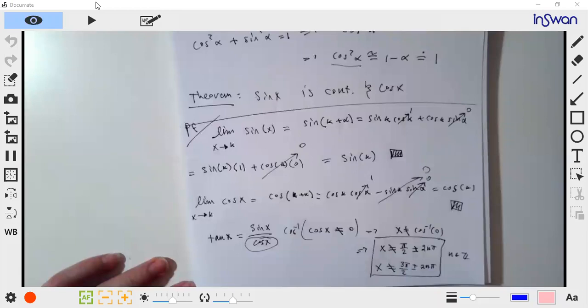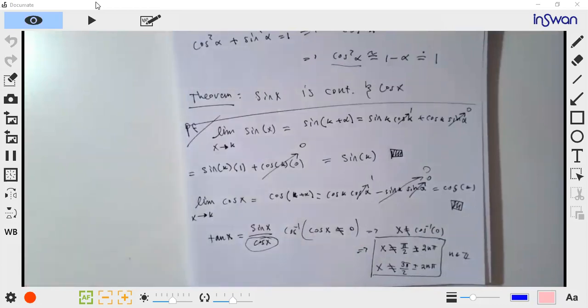You cannot assume that the tangent of x is a continuous function for all real numbers, because it is clearly not defined for all real inputs. But when we avoid these values in this box, the tangent function is defined, and therefore it is continuous because it's a ratio of continuous functions. That can be proved as well.